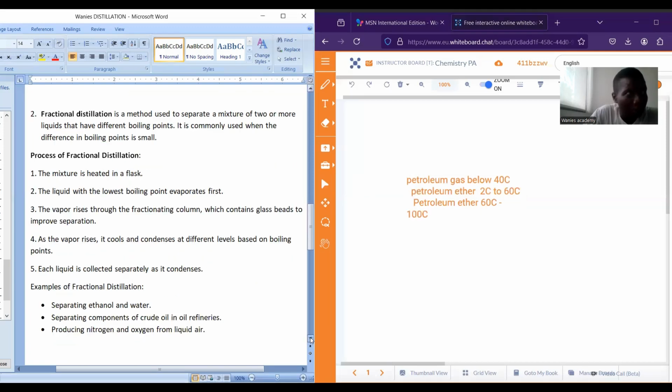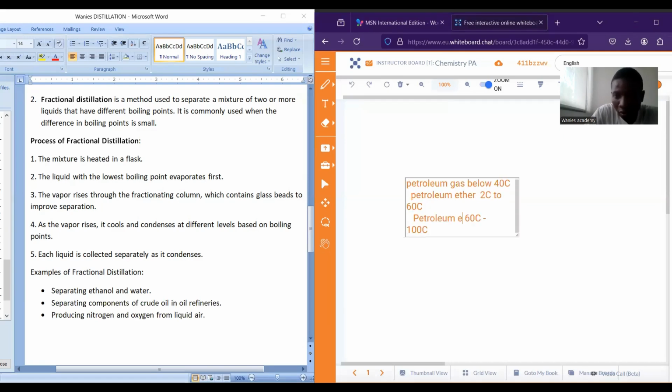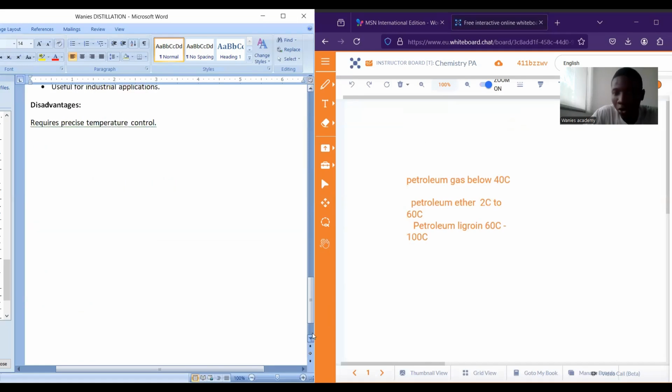So we will be using fractional distillation to separate crude oils. That is the difference between fractional distillation and simple distillation. Thank you.